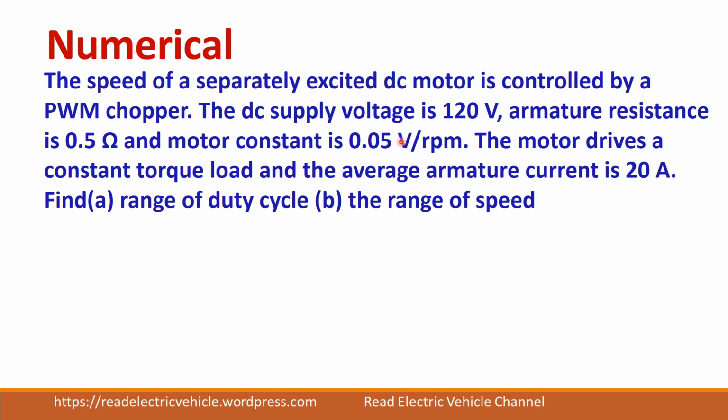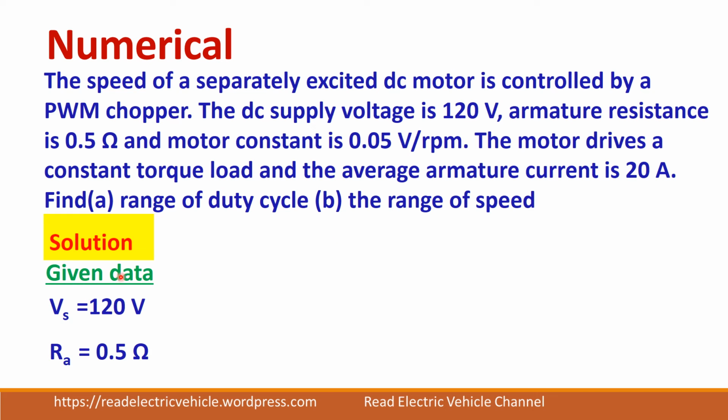So what is the back EMF formula? Km into omega m. So Km is back EMF divided by omega. It means voltage per speed. So that is given. Then the motor drives a constant load torque and the average armature current is given. You have to find the duty cycle as well as speed.